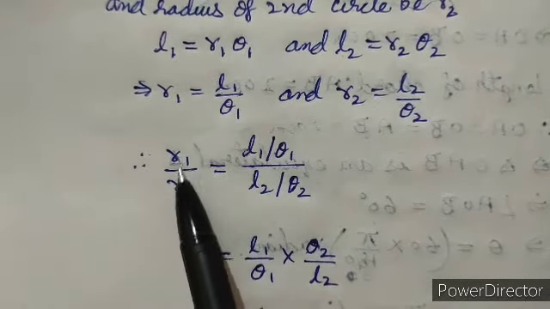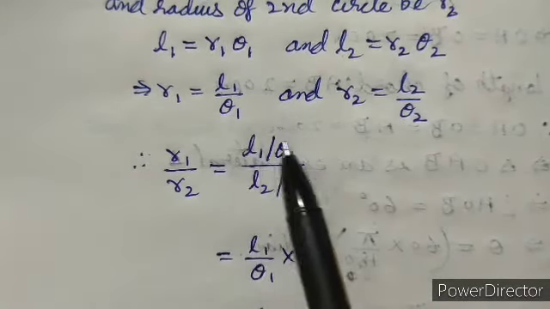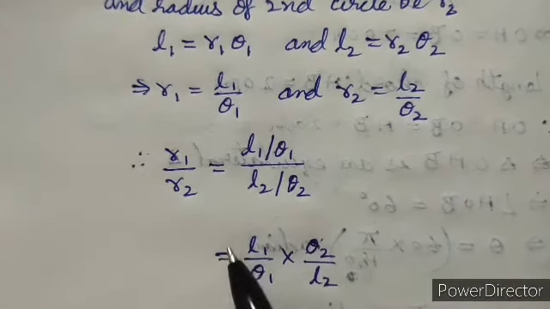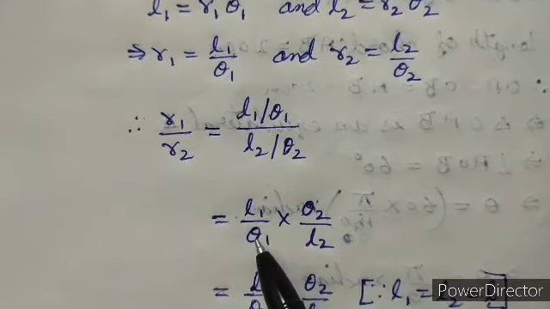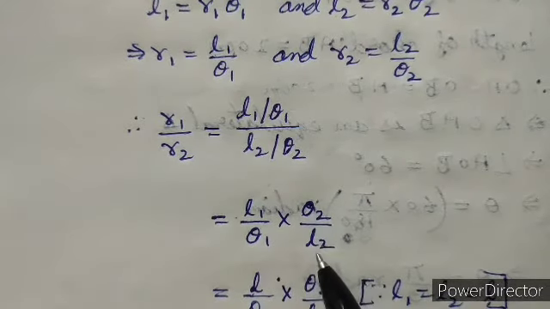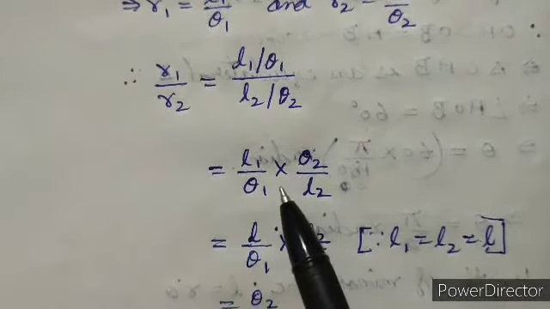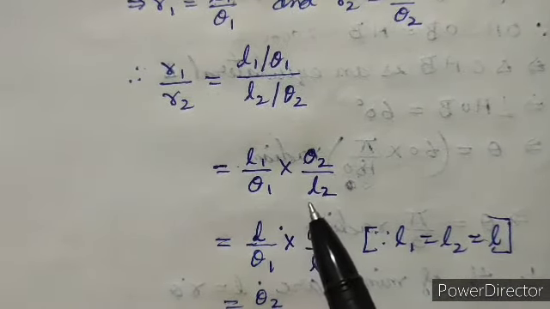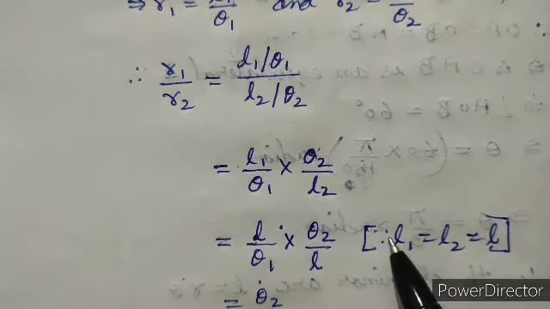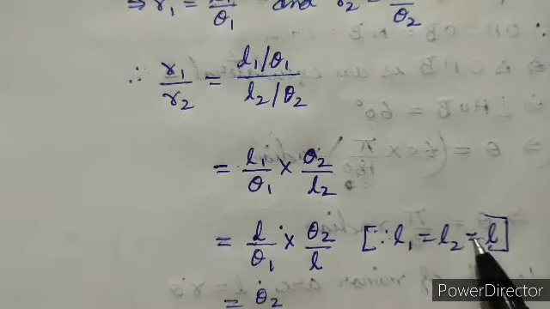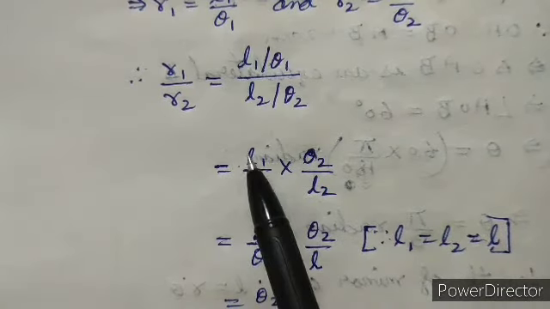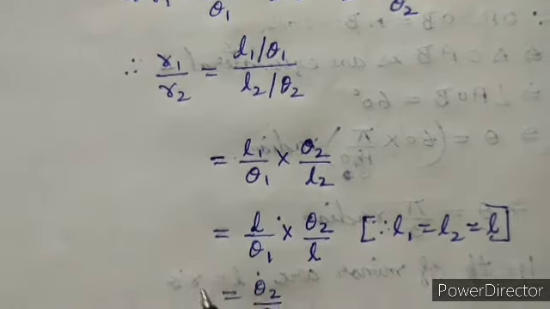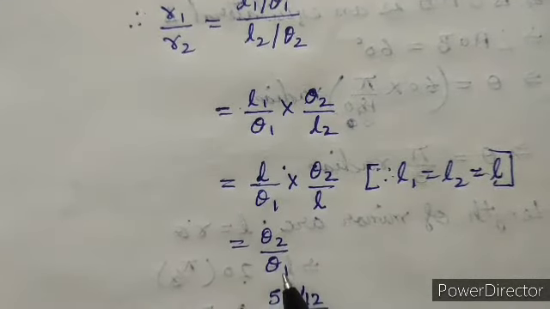Now we have to find the ratio between R1 and R2. So here R1 by R2 will be equal to L1 by theta 1 whole upon L2 by theta 2. Now this will be L1 by theta 1 into theta 2 by L2. As we know that the length of arc is given to us as equal, so we can take L1 equal to L2 and that equal to L. Now on putting L in place of L1 and L2, we will get R1 by R2 as theta 2 by theta 1.